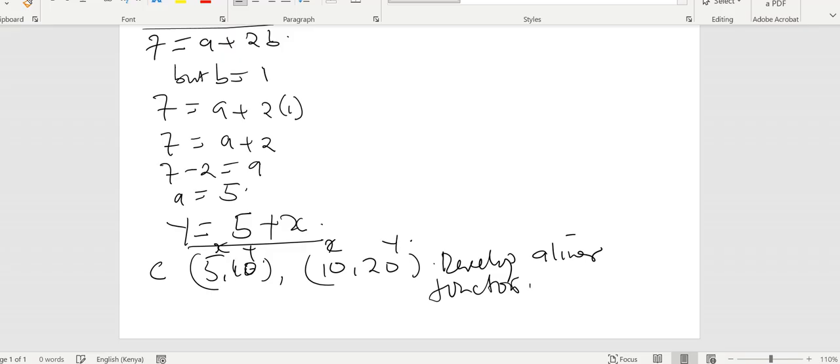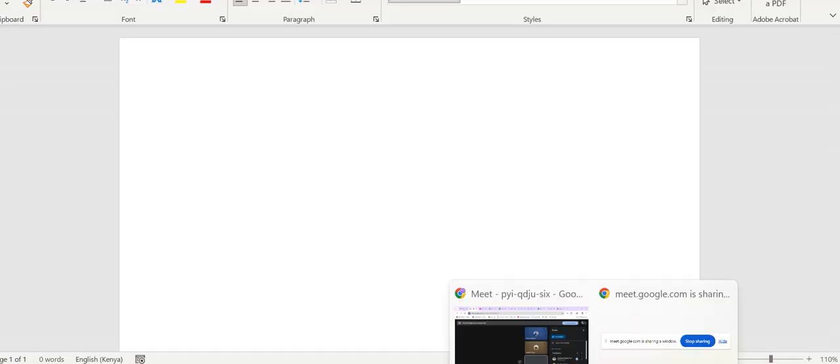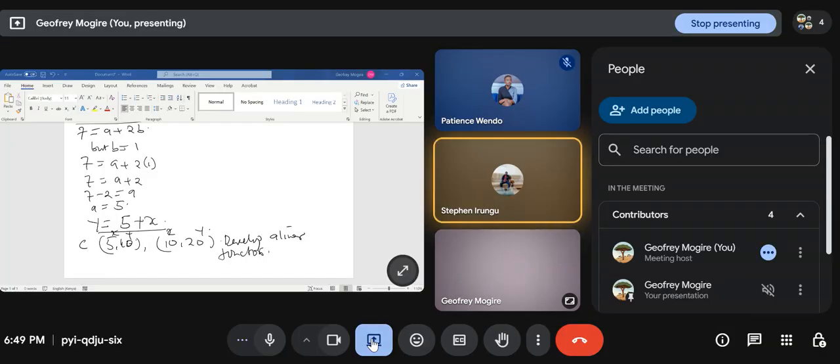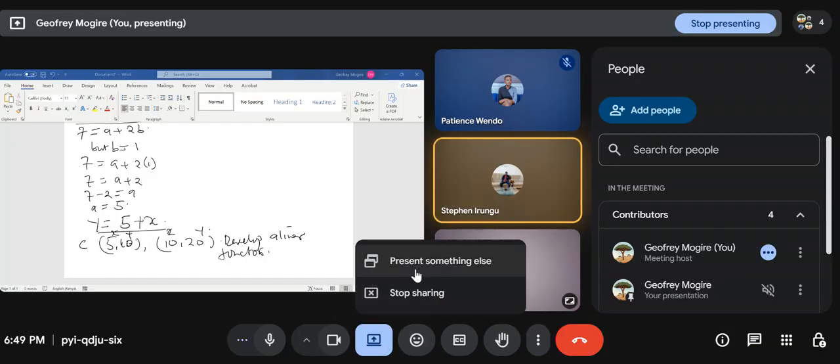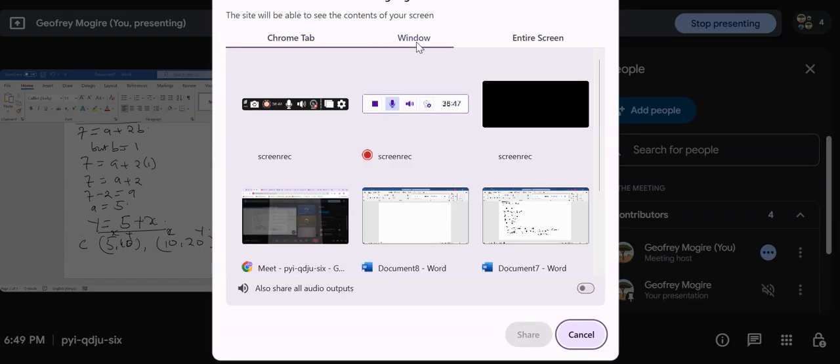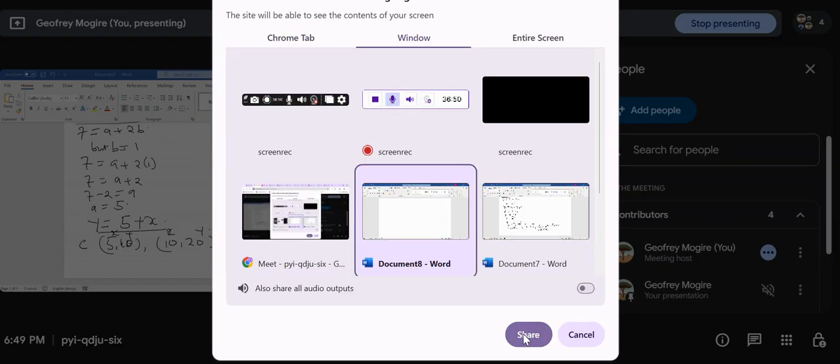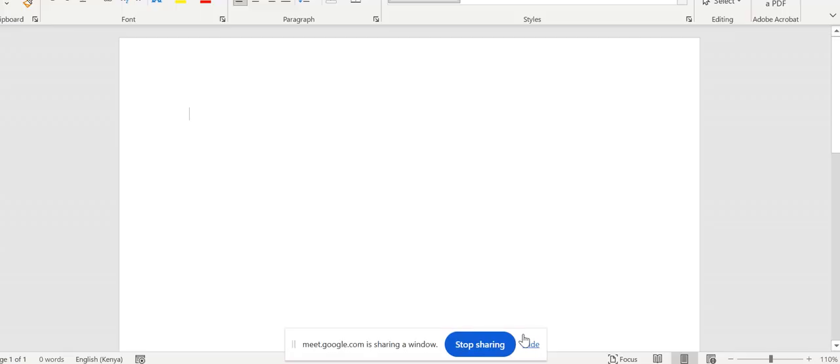So y is equals to a plus bx. You have said we have here x was 5, y was 10.